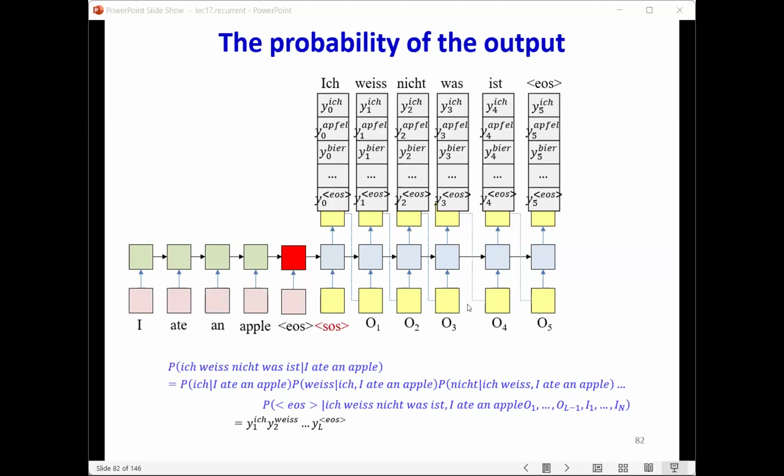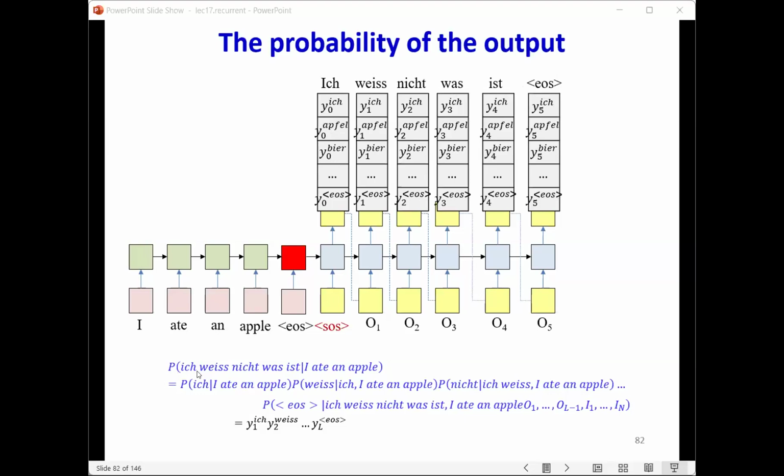To make it more explicit, here's an example. Let's say I ate an apple went in. What is the probability of "ich weiß nicht was ist"? Which is not a correct translation, right? But if you sample, you could well have sampled these too. So what is the probability of this?